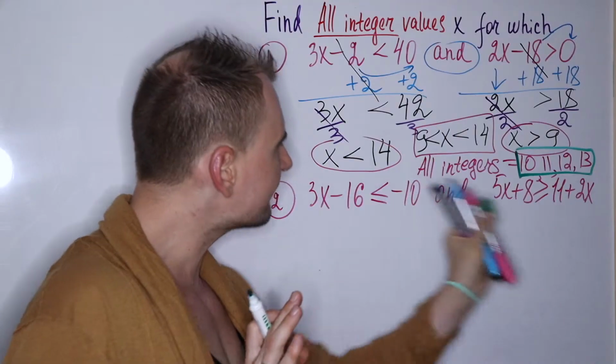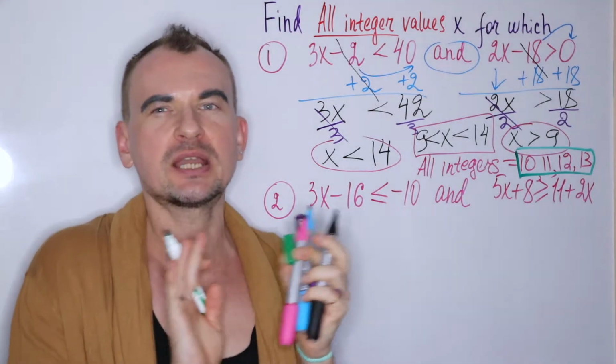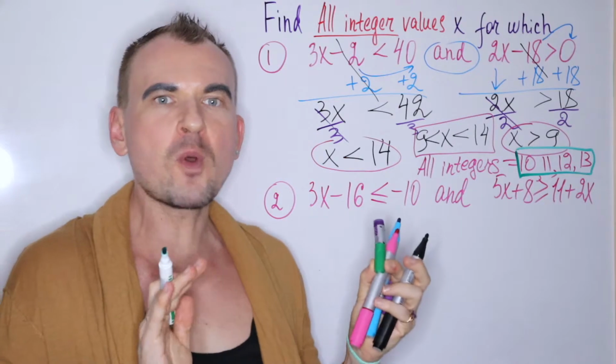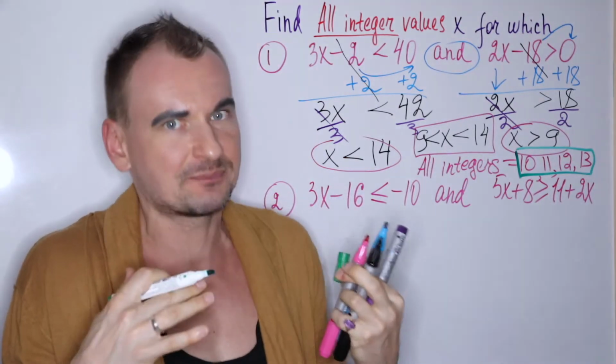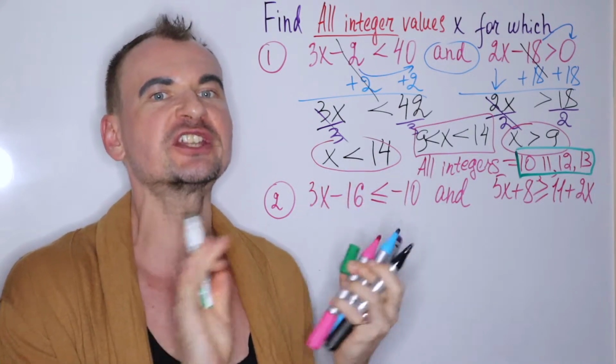Before we dive into the second one, as a quick pro tip, for all of these problems, if it helps you, you could draw a number line, place your solution set on it, and figure out the integers from the number line.